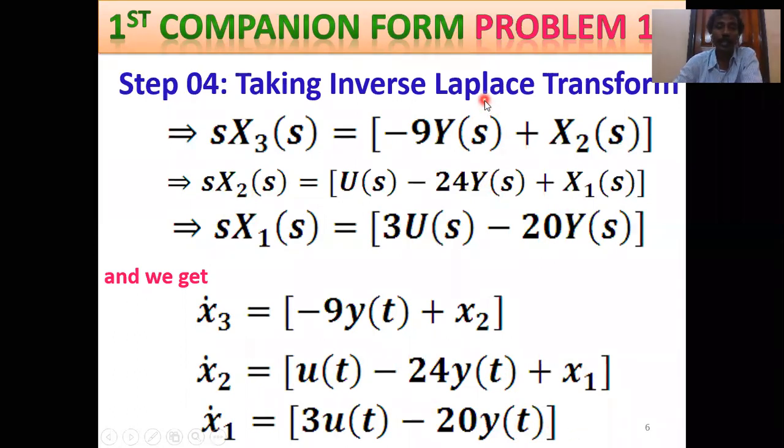So these three equations are very important. These x1 dot, x2 dot, x3 dot are actually the state equations of the given system.